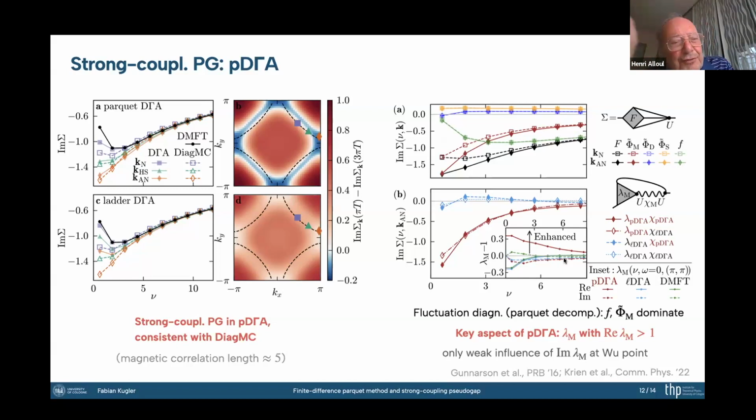I have just a small question. Did you try to go towards a higher doping to see whether the pseudogap disappears sharply in the Hubbard model? We only completed this one point in the phase diagram because it's our new method. We just wanted to showcase it.